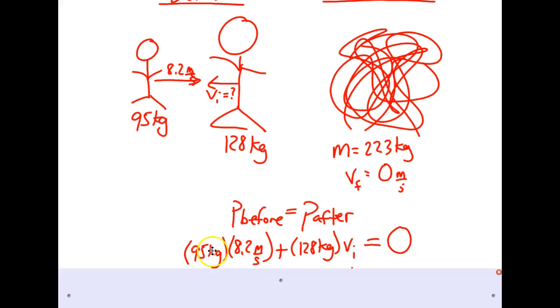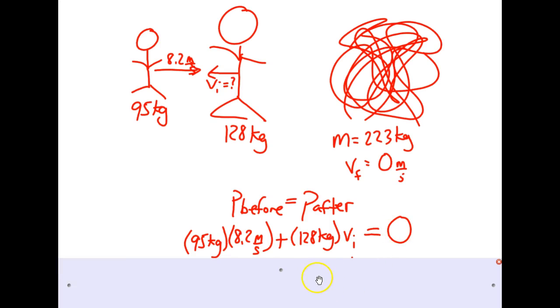We have the fullback's mass times his initial velocity plus the defensive tackle's mass times his initial velocity. What objects, if any, have momentum after the collision? The answer is 0, because both of them combined together and had 0 speed. So no momentum after. Now we just need to solve.